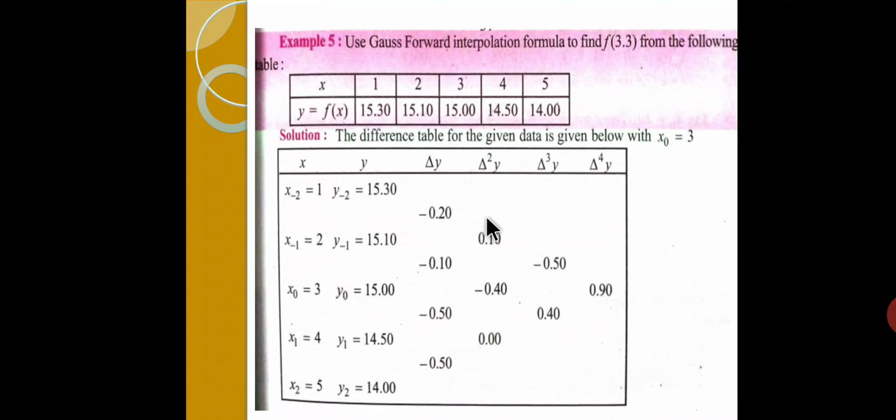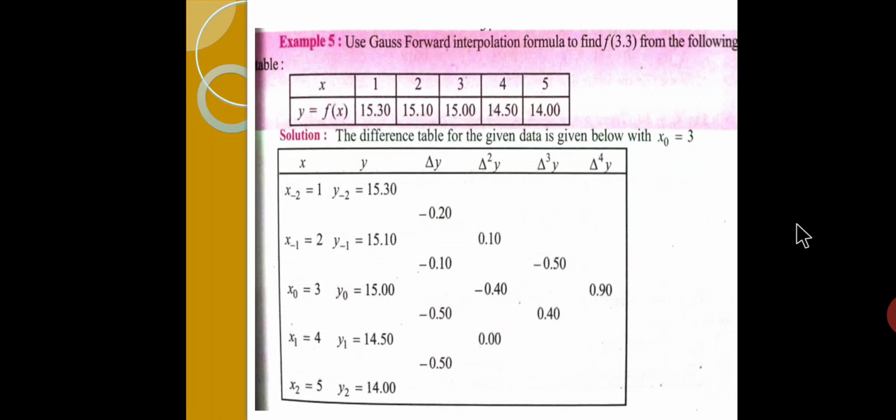So the values are delta y minus 2, delta square y minus 2, delta cube y minus 2, delta power 4 y minus 2. These are the place values. The place values of these are delta y minus 2, delta square y minus 2, delta cube y minus 2, delta power 4 y minus 2. And this one is delta square y minus 1, delta square y naught, delta cube y minus 2, delta cube y minus 1, delta power 4 y minus 2.